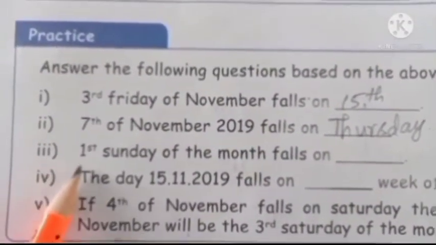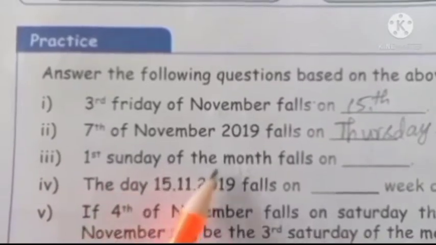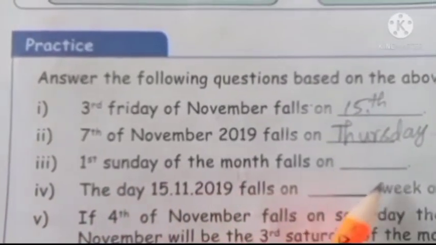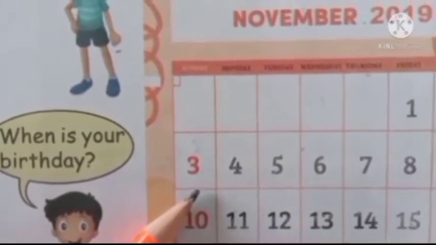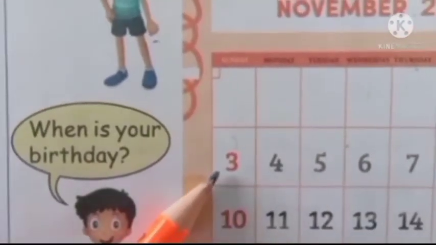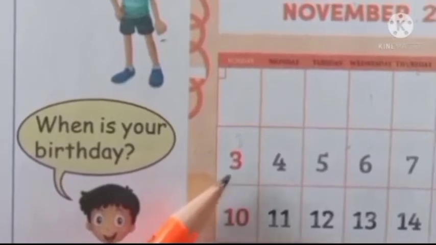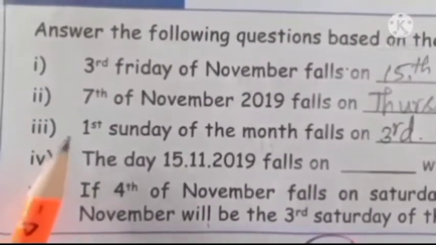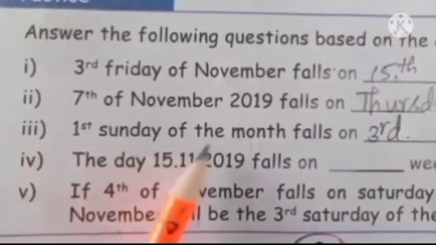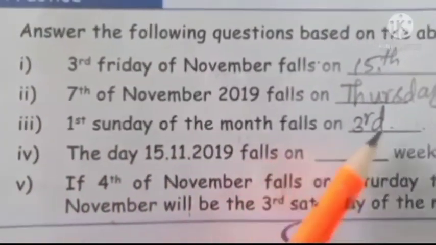Third one, first Sunday of the month falls on dash. Children, here first Sunday of November falls on 3rd. The answer is first Sunday of the month falls on 3rd.